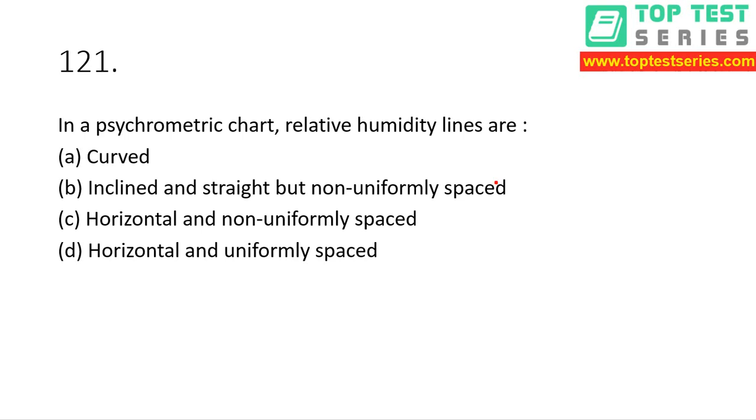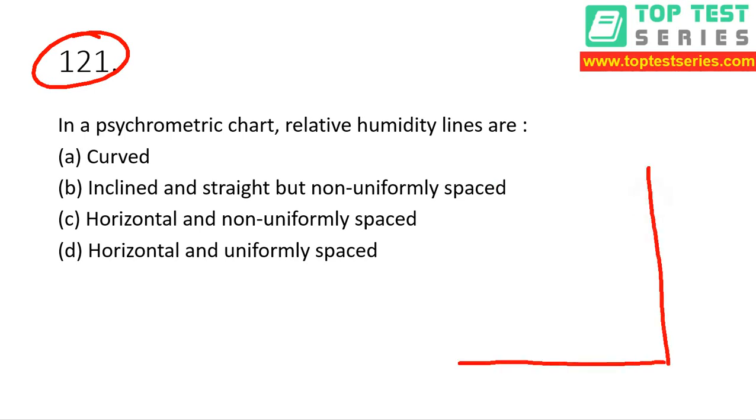So guys, question number 121. In a psychrometric chart, relative humidity lines are curved, inclined, straight but non-uniformly spaced, horizontal and non-uniformly spaced, or horizontal and uniformly spaced. So my dear, for solving questions of psychrometry, always try to draw the diagram, right?